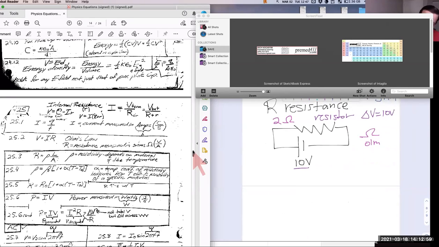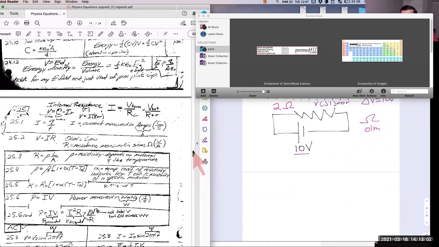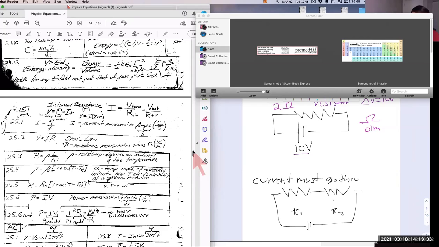Now, I mentioned that you could have more than one resistor. So if you have 2 resistors, this is going to be R1 and R2, then if the current is going to have to go through both of them, then they're going to be in series. So current must go through both.